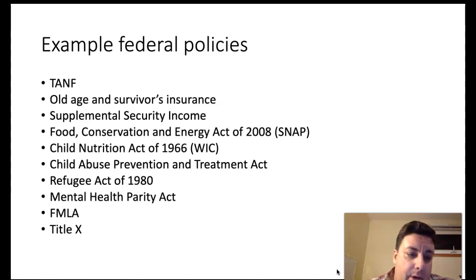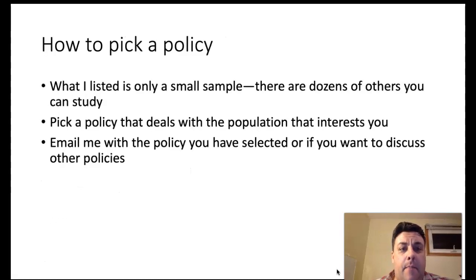Refugee Act, Mental Health Parity Act. FMLA is the Family and Medical Leave Act. And Title X, the very last one, that X is a Roman numeral. Title X is what funds Planned Parenthood and other agencies that do reproductive health work and family planning kinds of things. So again, what I listed is only a small sample.